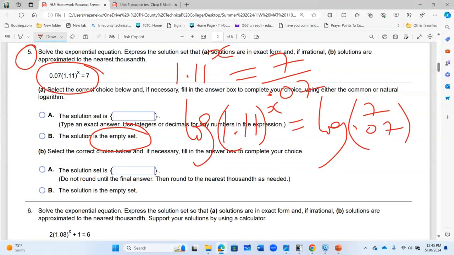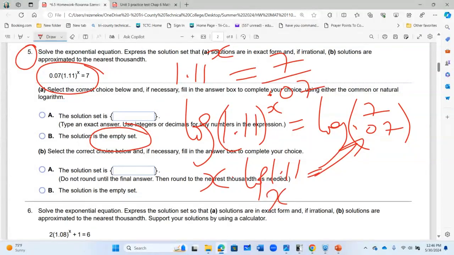And then, according to the laws of logarithm, exponents can be written as coefficients. So x log of whatever is in the parentheses here is equal to the right-hand side. All right, so I can now solve for x.